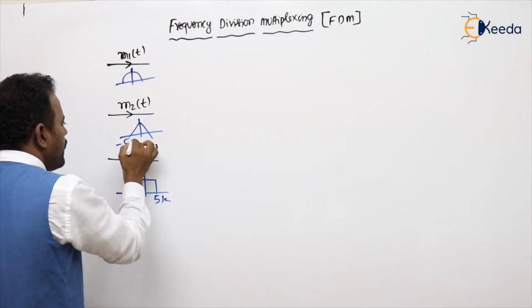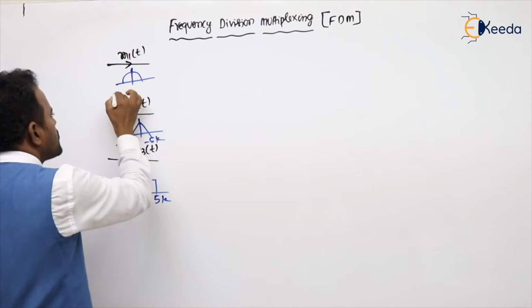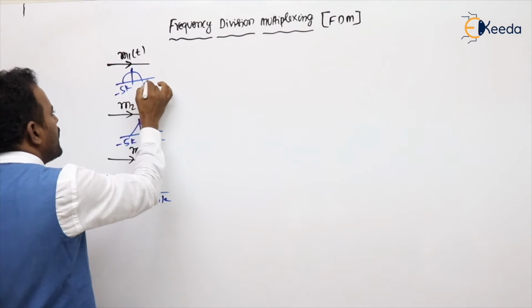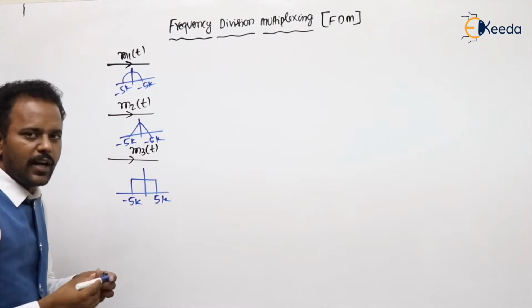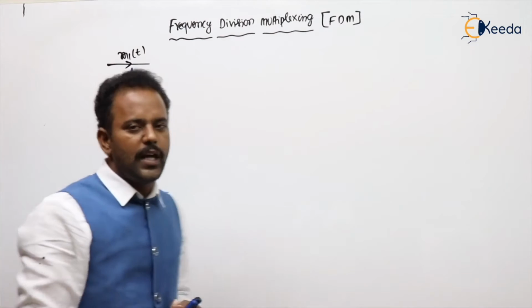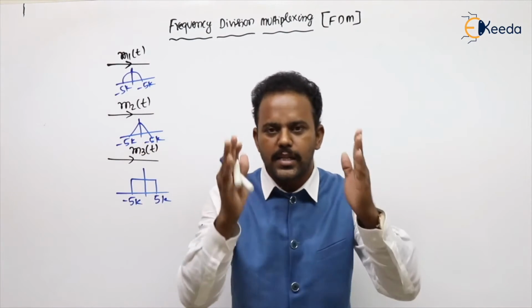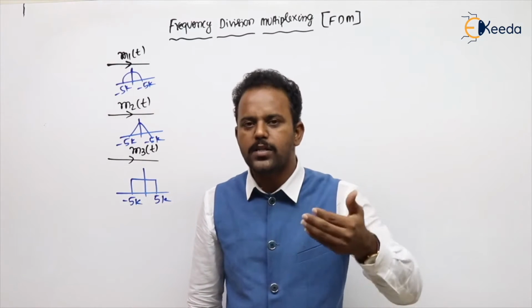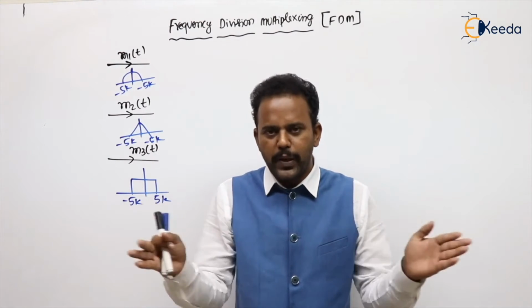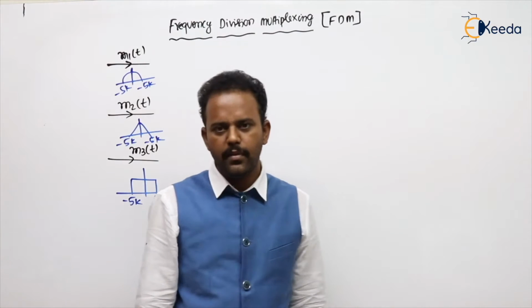For example, all are from -5k to +5k. If you are not interested, -1 to 1, -2 to 2, -3 to 3. Any equal range I am taking to show that the spectrum occupied by all practical messages is the same. Their amplitude strengths and words are different, but the spectrum is almost the same.